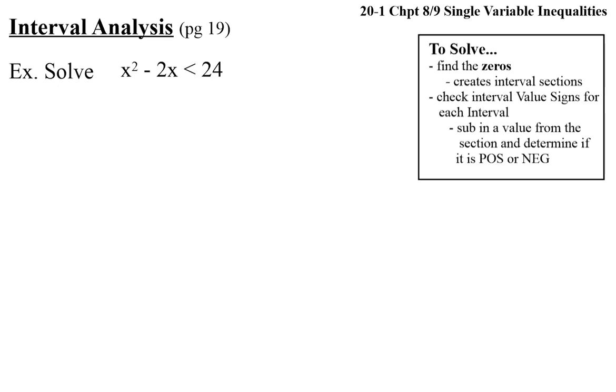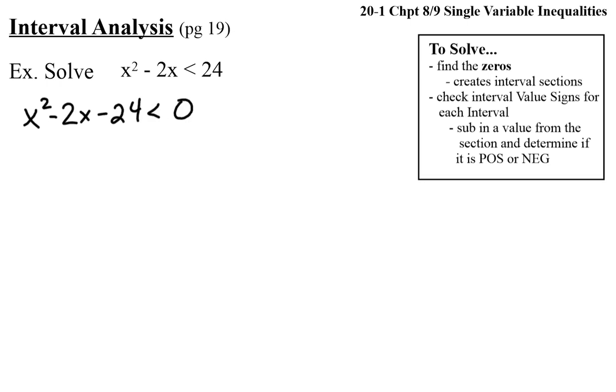Let's try another one. Solve x squared minus 2x is less than or equal to 24. Okay, here we go. A little bit different twist on this one too. We'll bring the 24 over: x squared minus 2x minus 24 is less than or equal to 0.